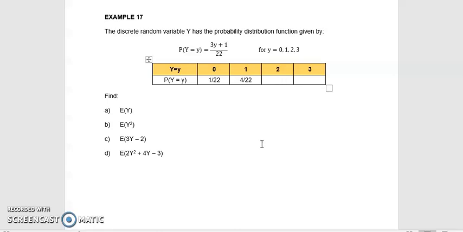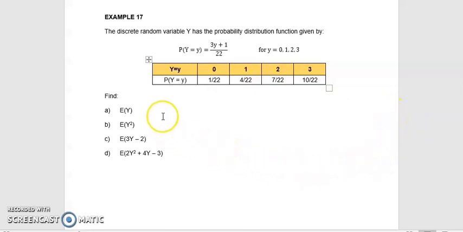If y equals 2, 2 times 3, 6, plus 1, 7, so 7 over 22. And the last one is 3 times 3, 9, plus 1, 10, so 10 over 22. If we total up, the total probability must equal 1. So 10 plus 7, 17, 21, 22. 22 over 22 is equivalent to 1.